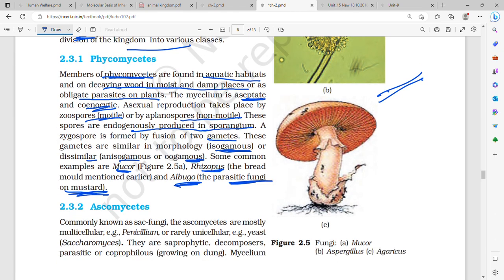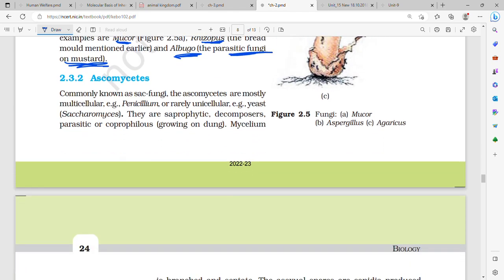Puccinia causes rust of wheat. The bread mold is Rhizopus, and the parasitic fungus on mustard is Albugo. Albugo, Mucor, and Rhizopus all come under Phycomycetes.